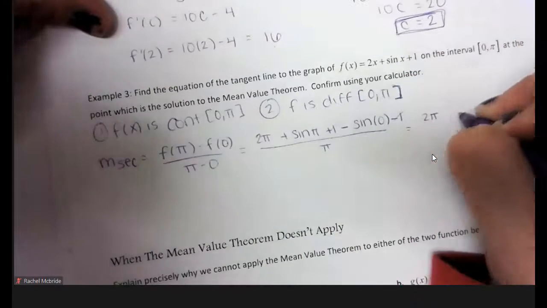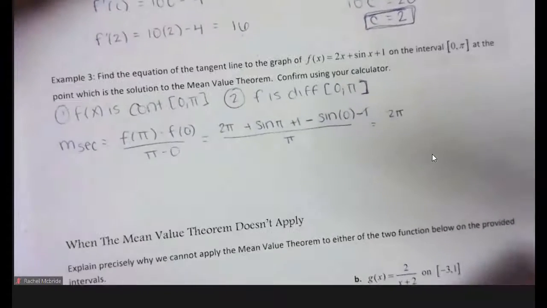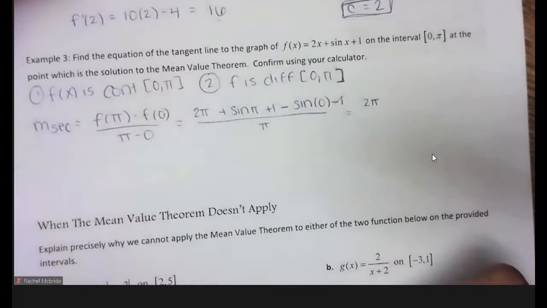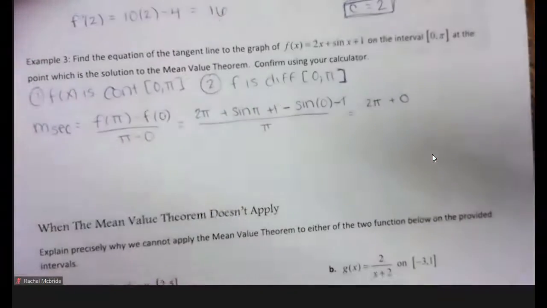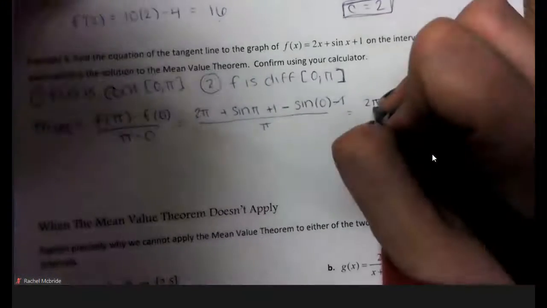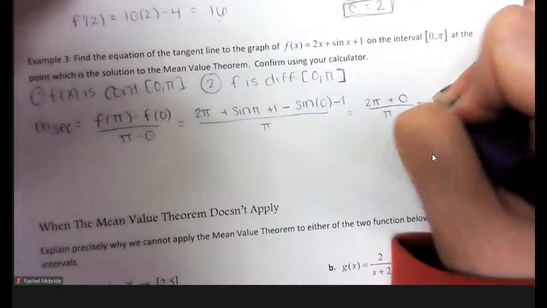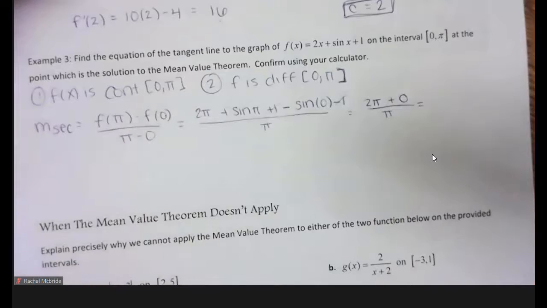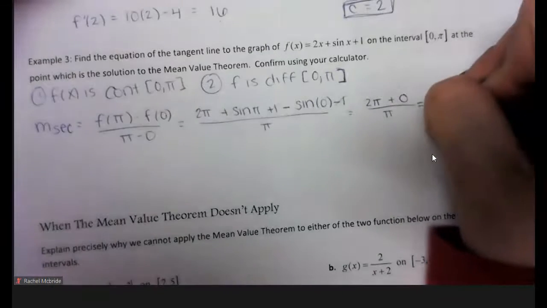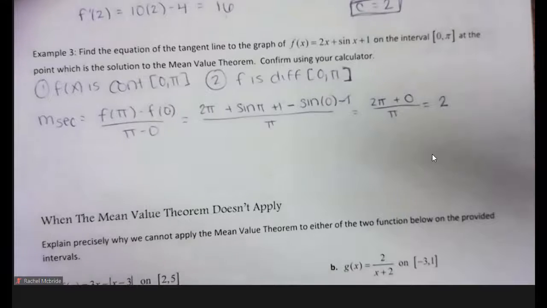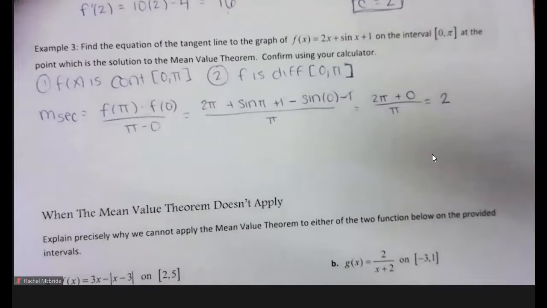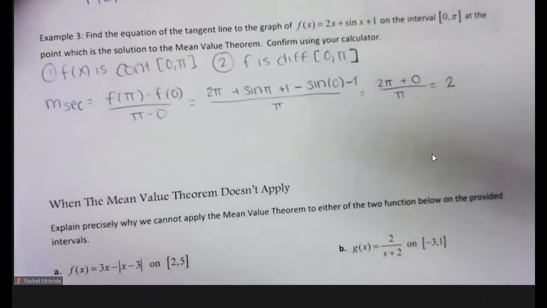You get 2 pi. What is the sine of pi? Good. And what is the sine of 0? So we get 2 pi over pi. What's 2 pi divided by pi? 2. Thank you. So the slope of the secant from 0 to pi is 2.